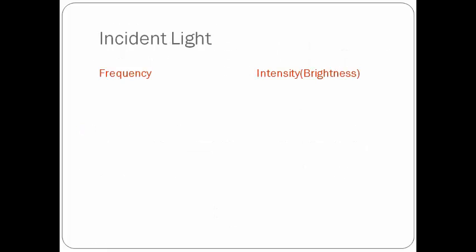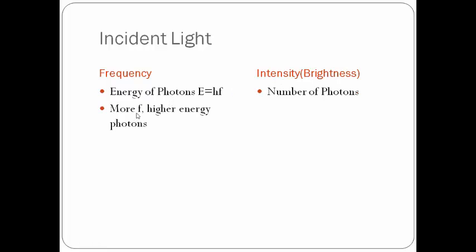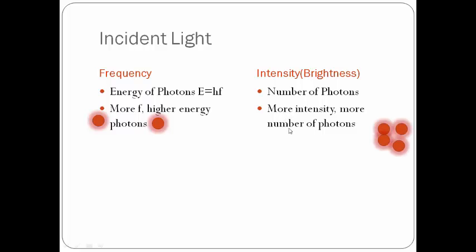Frequency and intensity are two properties of the incident light that affect the photoelectric effect. Frequency is related to the energy of photons. We already know E equals hf. Higher frequency means higher energy. The intensity relates to the number of photons. So, if you have higher frequency, you have higher energy photons, while if you have more intensity, you will have more number of photons.